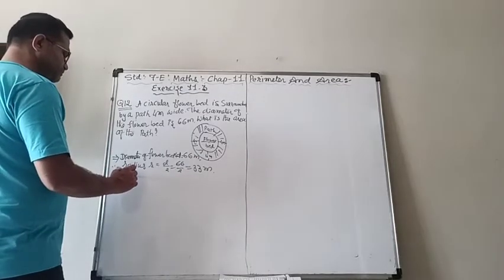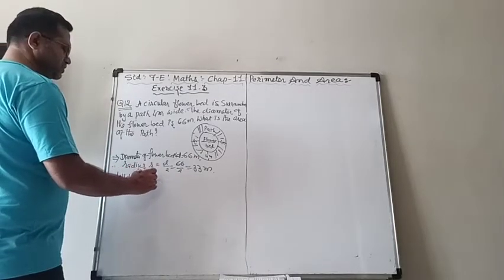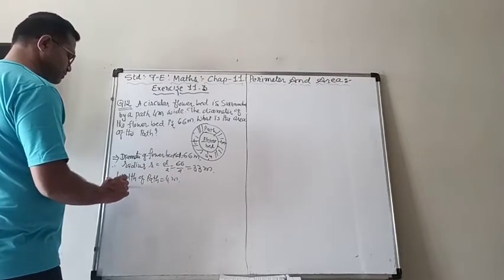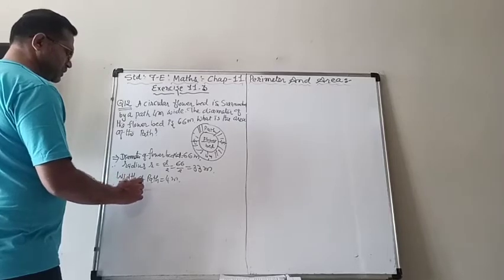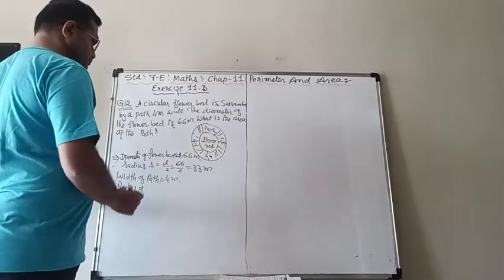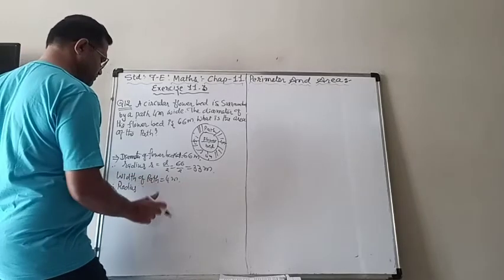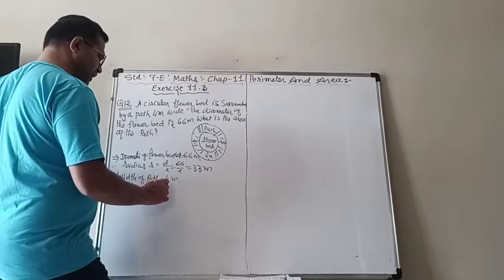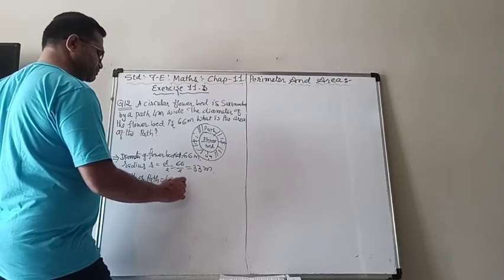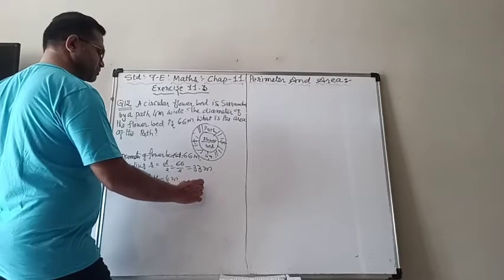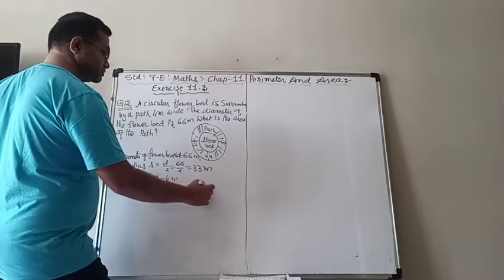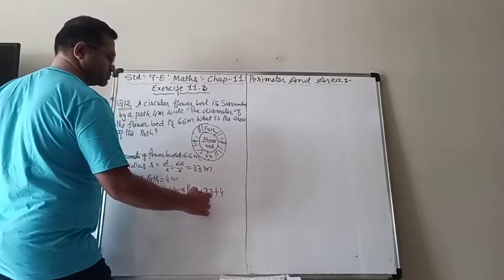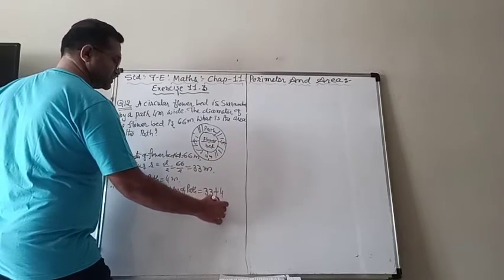Width of path is 4 meter. Therefore, radius of outer border of path is equal to 33 plus 4, that is 37 meter.